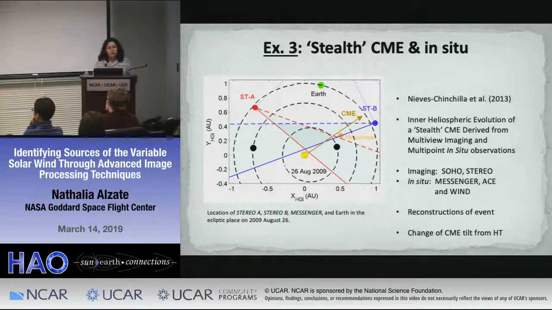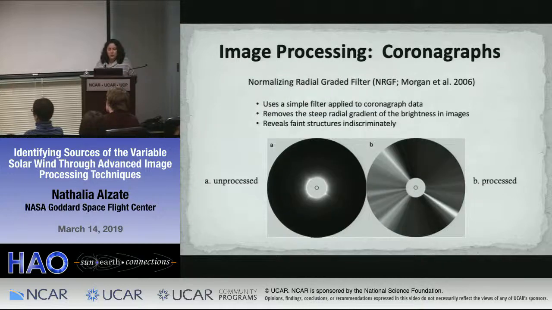You have multi-view imaging, multi-point in situ, you have MESSENGER, you have ACE and Wind. So it's a very, very meticulous paper. The positive that comes out of this is that I will be picking her brain a lot, and you'll see why when I get to the details of my project.